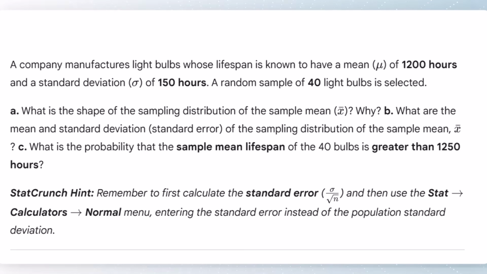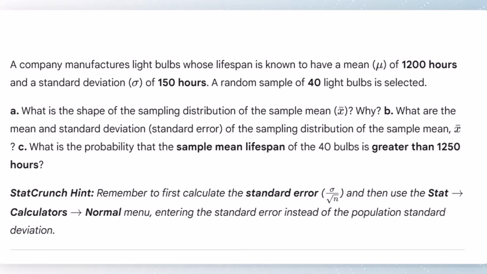What is the shape of the distribution of the sample means? As you know, according to the central limit theorem, the shape of the sample means will be approximately normal, bell-shaped. The mean of the sample means will be the same as the original mean, which is 1200. But the standard deviation of the sample means will not be 150. It will be 150 divided by the square root of the sample size, which in our case is 40.